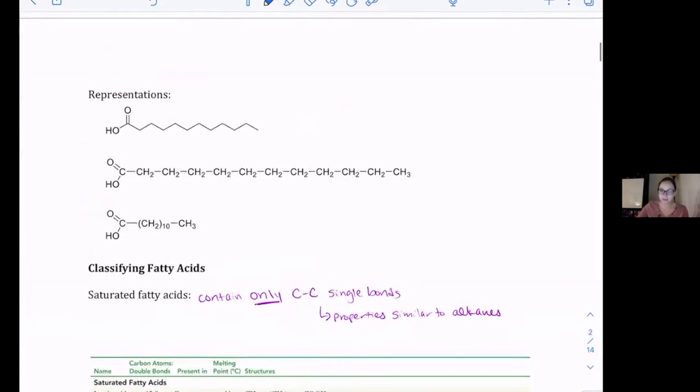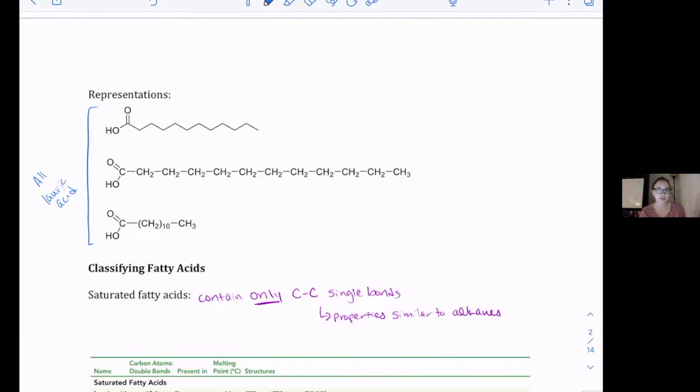Okay, so there's a couple ways that we're going to represent fatty acids, particularly because they are very long. All of these fatty acids here are lauric acid, which is the name of the fatty acid with 12 carbons.